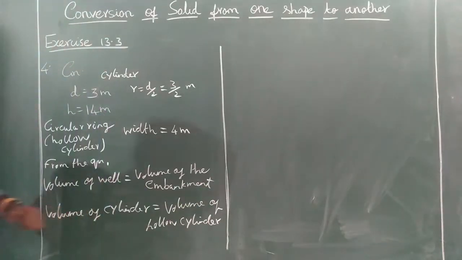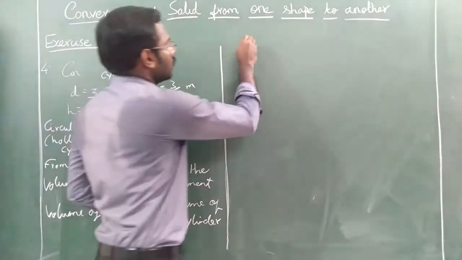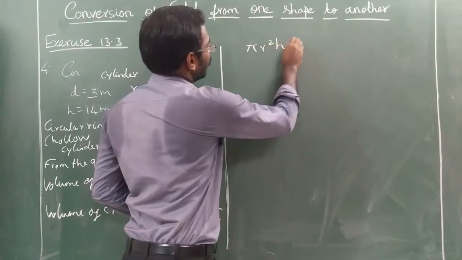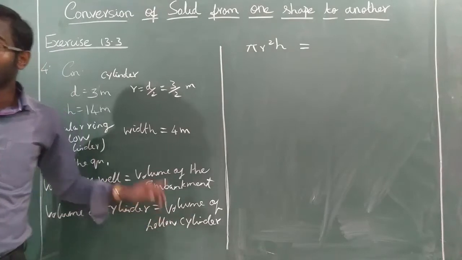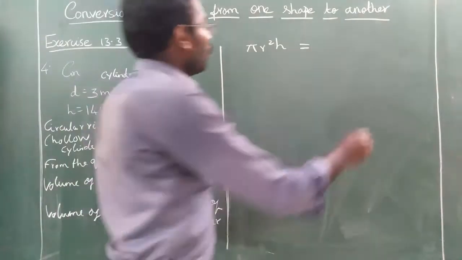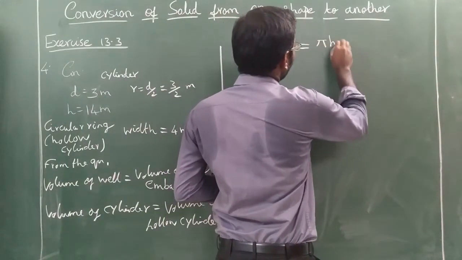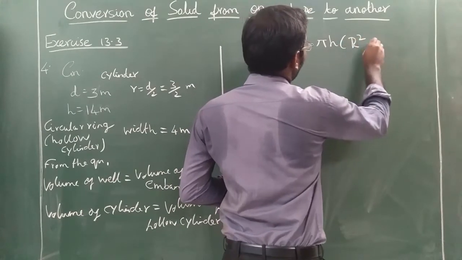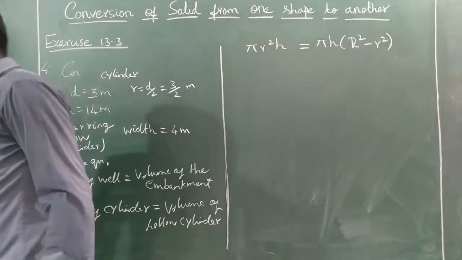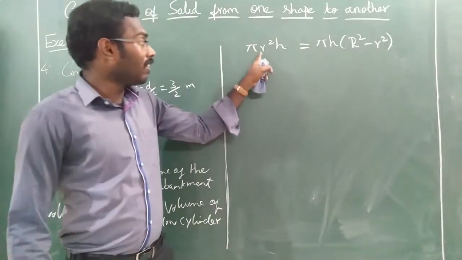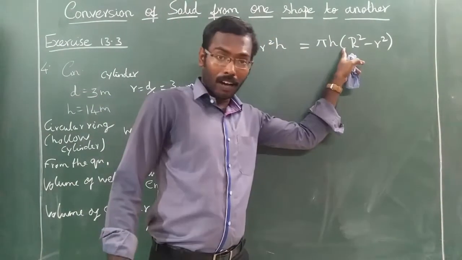Okay. So volume of cylinder formula is pi r square h. That is equal to, I already told you, volume of hollow cylinder or circular ring, the formula is pi h into capital R square minus small r square. Okay. So here this is the volume of the cylinder, this is the volume of the hollow cylinder.